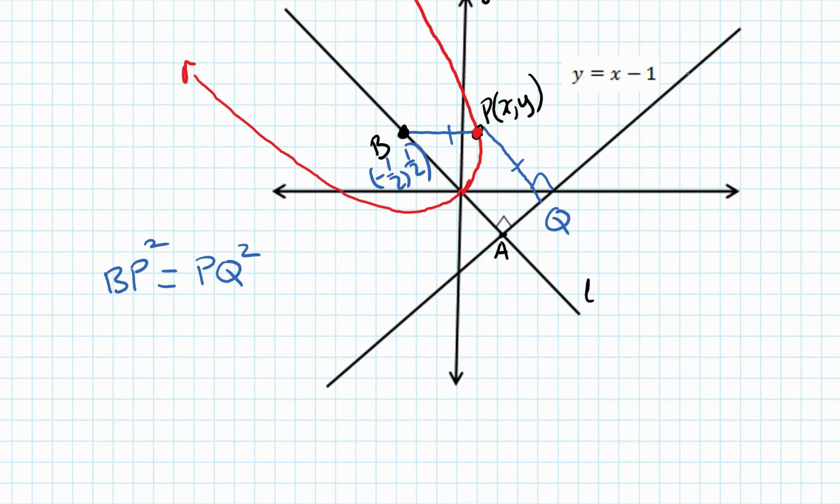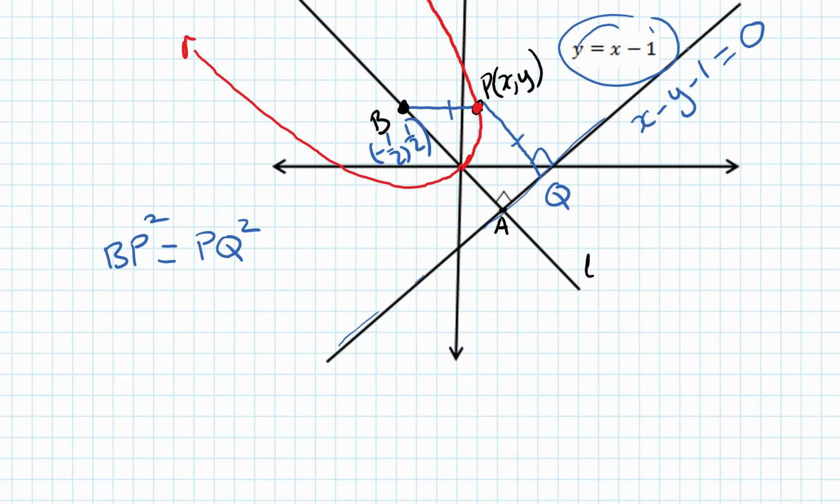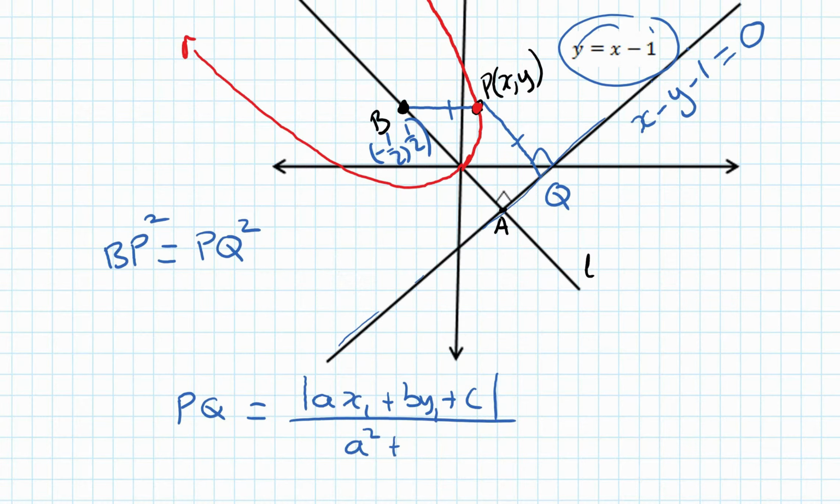First of all, I just find the perpendicular distance first. So the distance, we know this is the line here from point B. I just write this in the general form first. I move the y to that side, so this means x minus y minus 1 is equal to 0. Now, the rule is this: PQ, the distance, is equal to the absolute value of Ax1 plus By1 plus C, divided by the square root of A squared plus B squared.